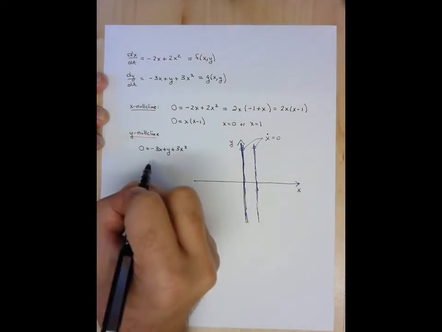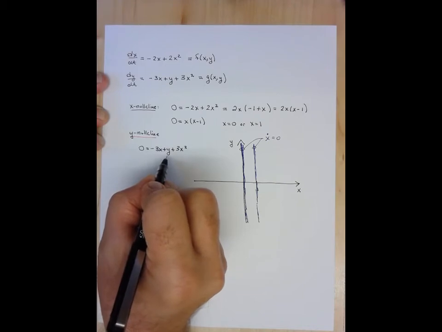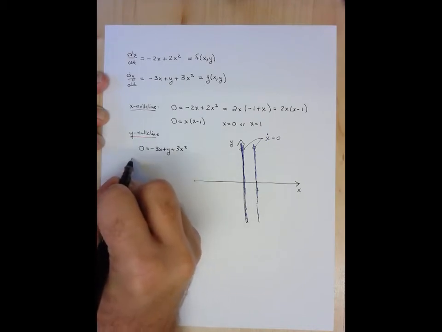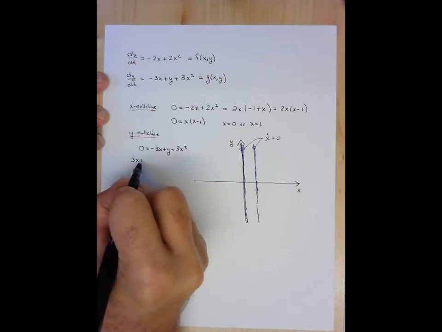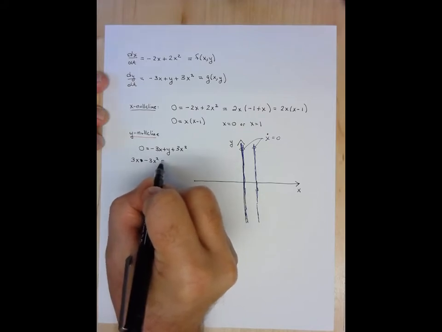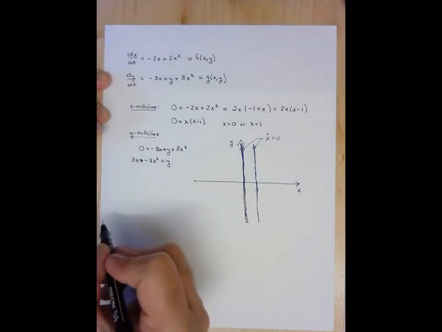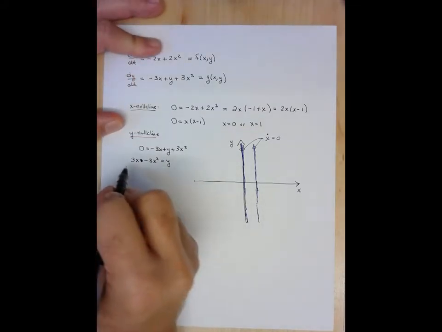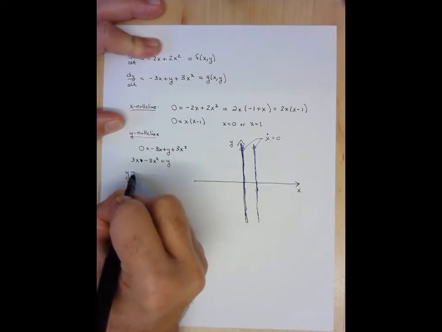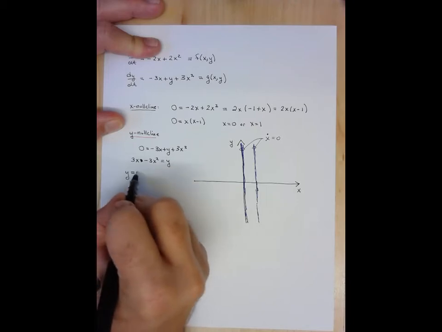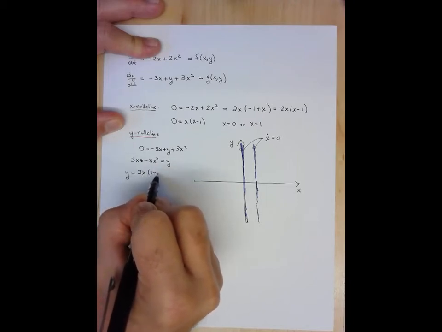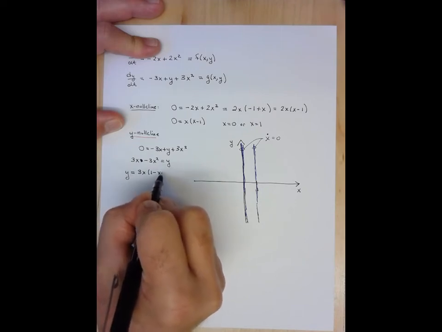And it looks like if we bring everything but y over to the left, we'll have 3x minus 3x squared is equal to y. And then let's flip this around and say y equals, and then we'll factor out the 3x. We'll get 3x times 1 minus x.